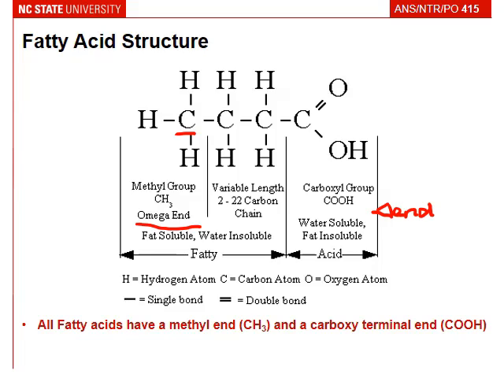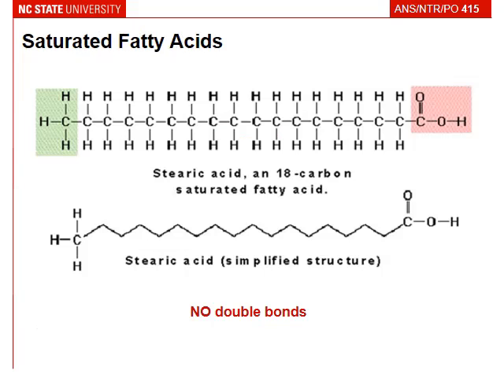So we have our carbons with our hydrogens here. And this is basically what's making up the characteristics of that particular fatty acid. So they have a methyl end, they have a carboxyl end, and that chain in the middle is what is determining the characteristic of that particular fatty acid.